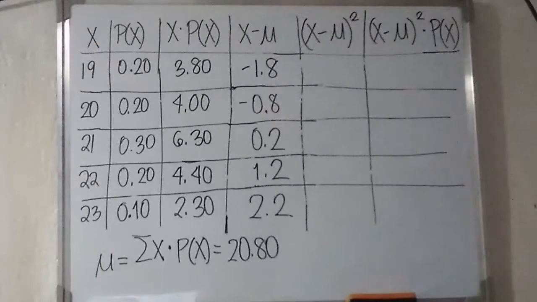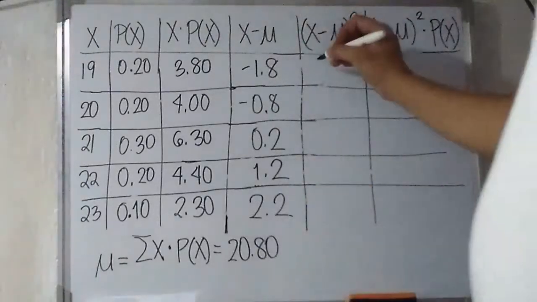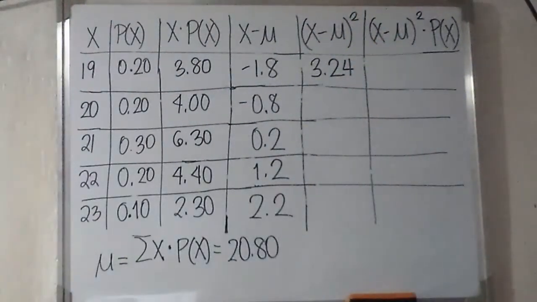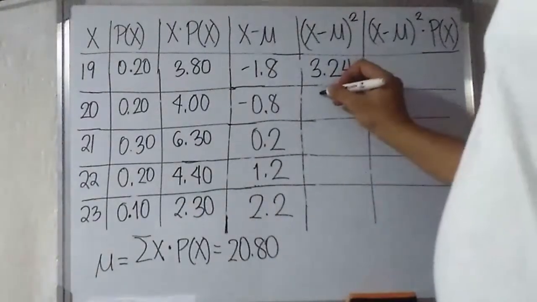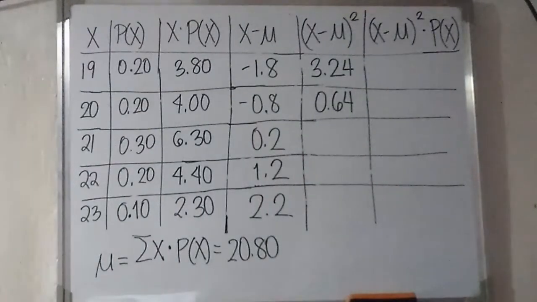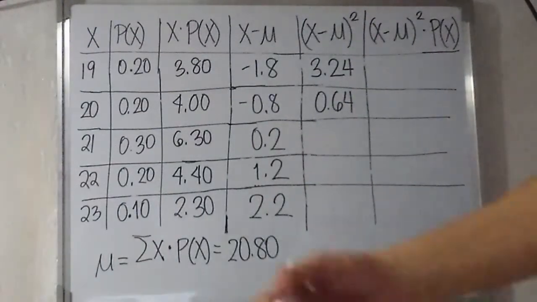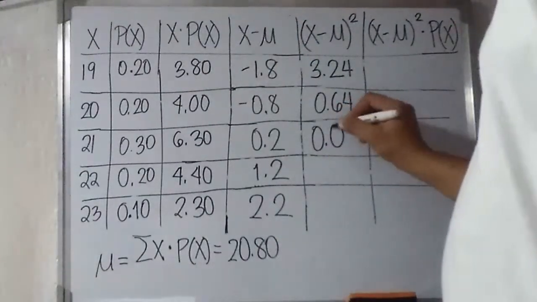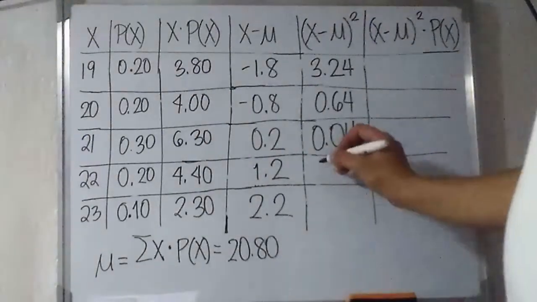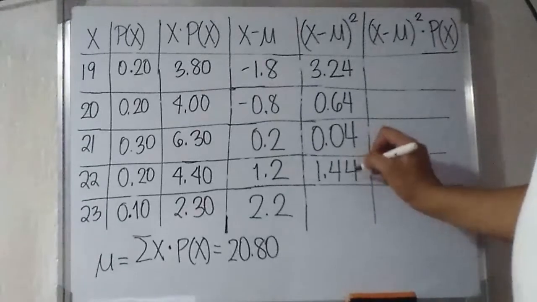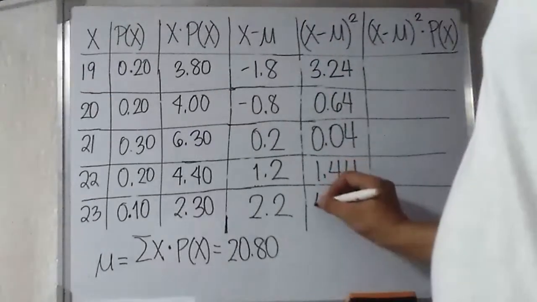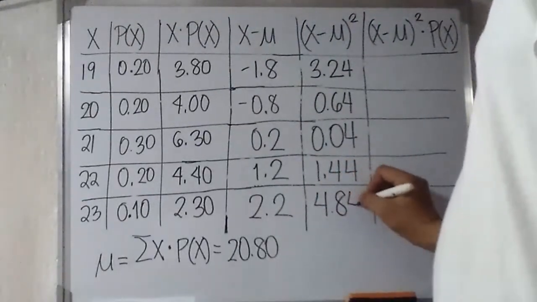So negative 1.8 squared is 3.24. Negative 0.8 squared is 0.64. 0.2 squared, that is 0.04. 1.2 squared is 1.44. 2.2 squared, that is 4.84.